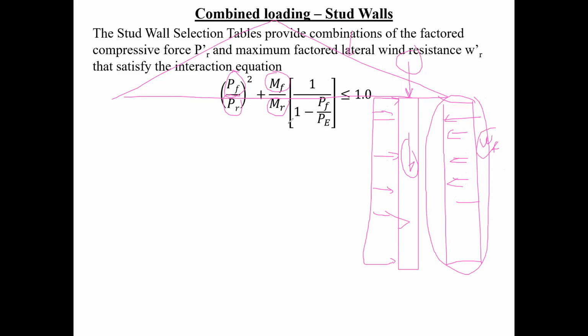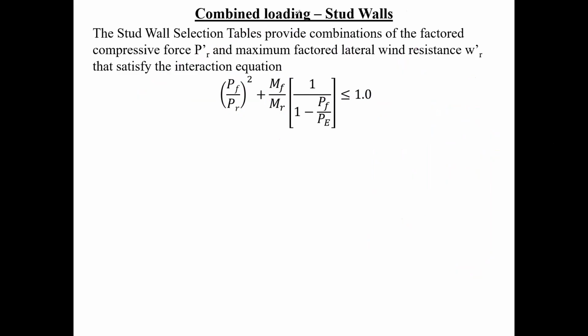I'll explain how the tables work when we get to them. In the tables, this gets replaced by a distributed load, a WF acting by the wind, and a WR that the stud can provide to counteract the wind. I like the way they did it because it simplifies choosing a stud to satisfy your design conditions.